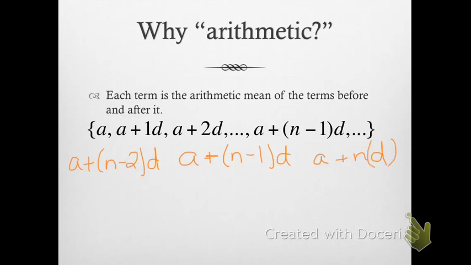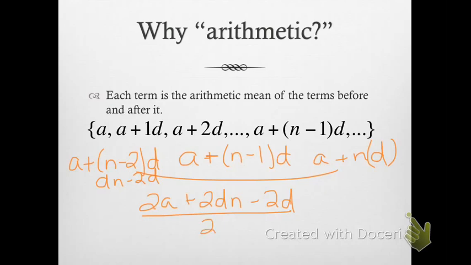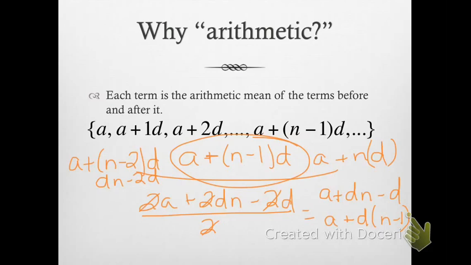And so if we add these two up, we're going to get 2a plus, and just a quick distribution here, 2dn minus 2d, and I need to divide that by the number of items, that was 2. So when I divide that, we get a plus dn minus d, which can be rearranged as a plus d times n minus 1, which gave us that term right there. So there you go. That's why it's the arithmetic mean.